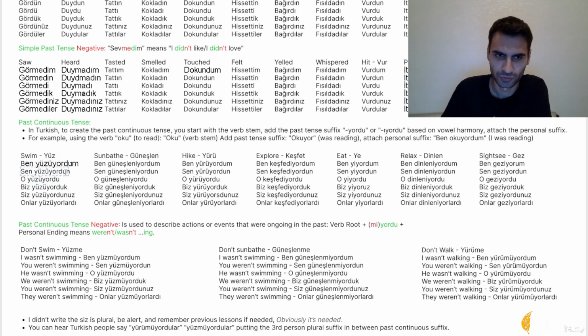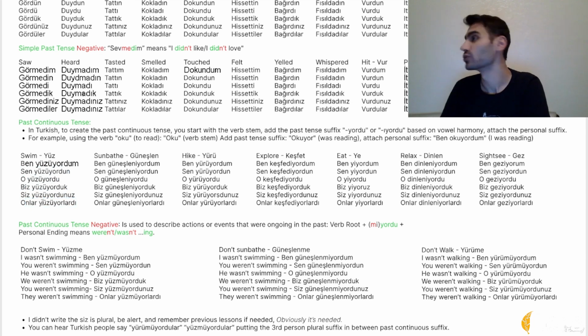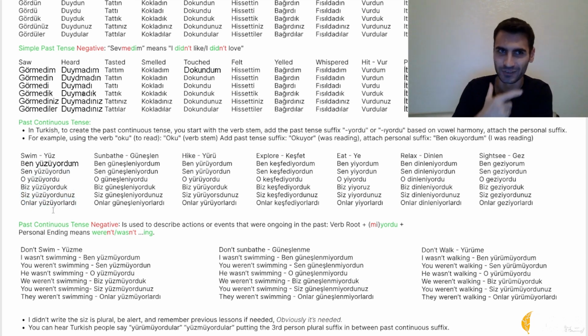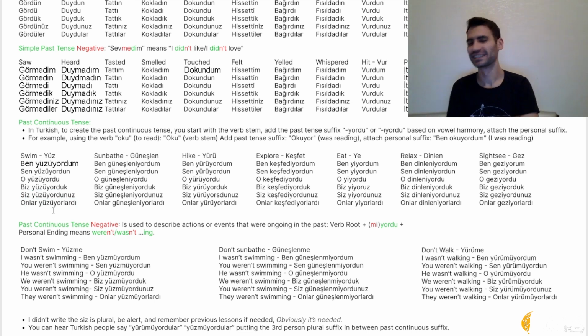Sen yüzüyordun, o yüzüyordu, biz yüzüyorduk, siz yüzüyordunuz, onlar yüzüyorlardı. Yes, in Turkish you can show people with your face. Like biz, siz, sen, siz, o, onlar. O da akıllı çocuk. Smart kid. She is beautiful.